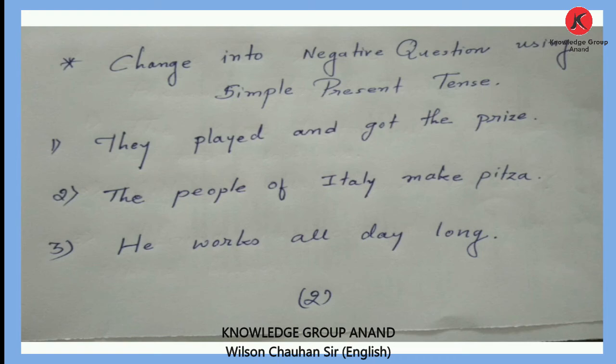First sentence is, they played and got the prize. Any one of the verbs, okay, the main verbs here are played and got, but you can change the first verb with the asked question.